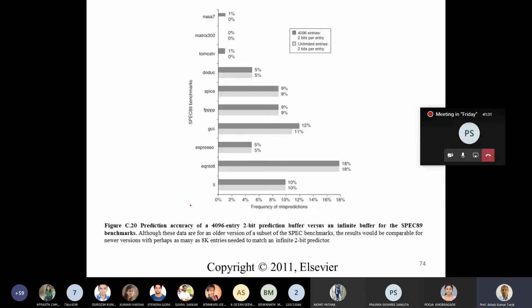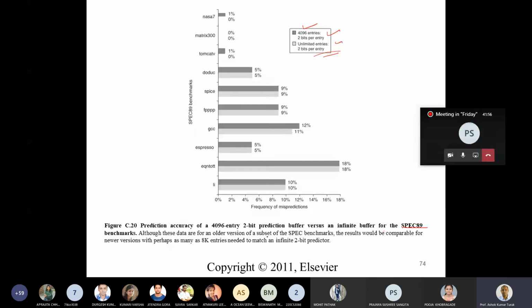This was a comparison between a 4096-entry buffer with 2 bits per entry and an unlimited size buffer with 2-bit entries, showing the prediction accuracy of a 4K entry 2-bit prediction buffer versus an infinite buffer for the SPEC 89 benchmark.